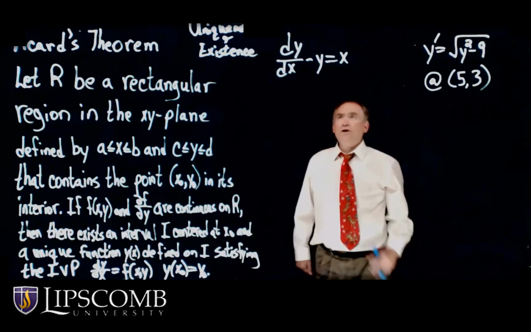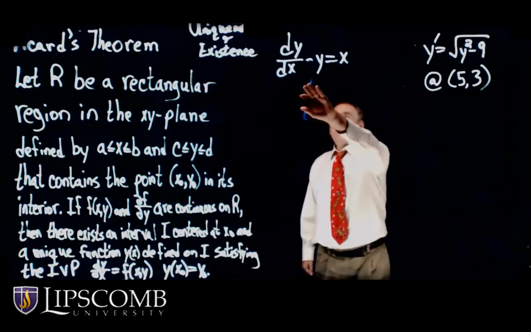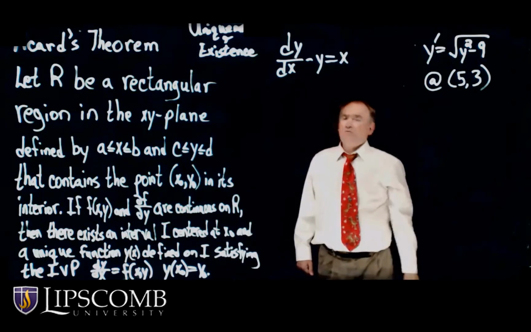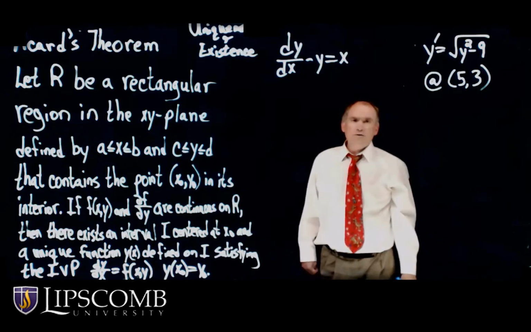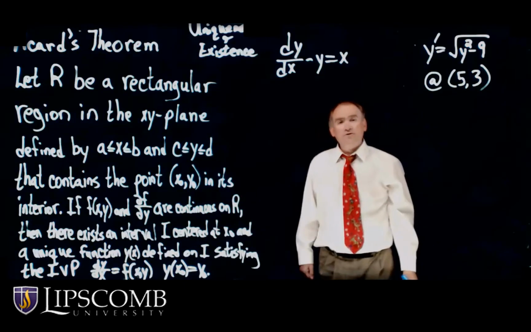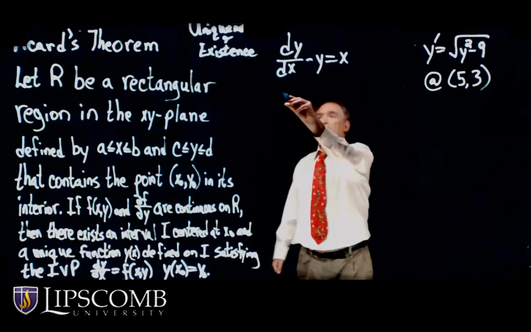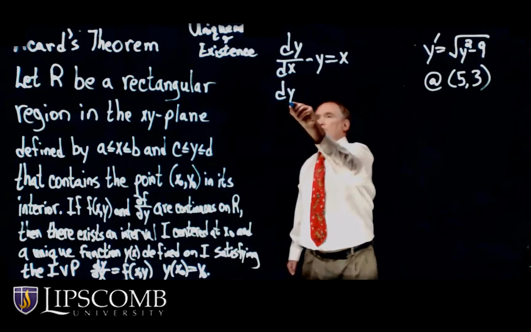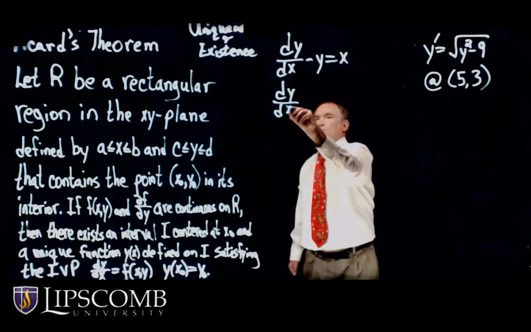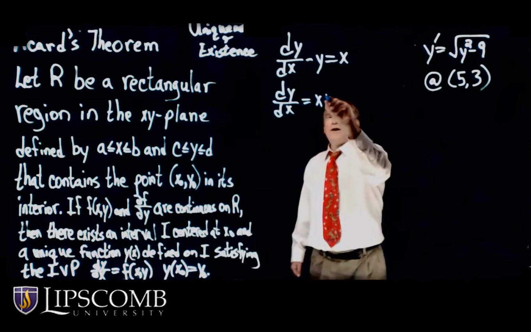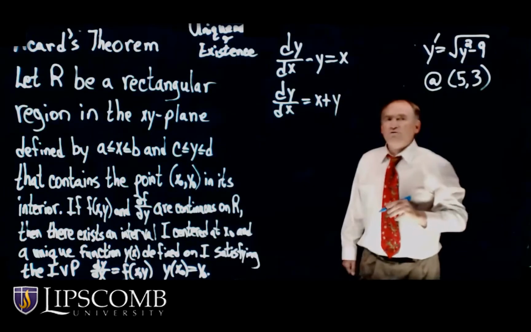So the first one, notice I have dy/dx minus y equals x. Well, this is not in the form that I wanted for Picard's theorem. So first of all, I want to put it in the form of Picard's theorem. So I add the y on both sides.